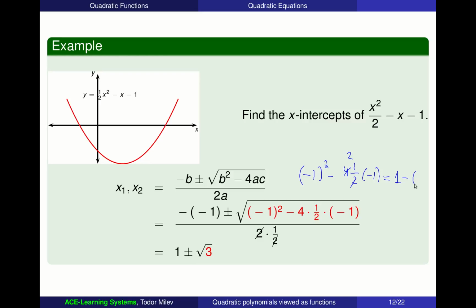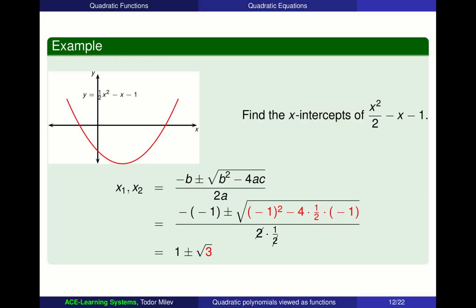So I'm getting -2. Here I'm having 1 minus, here I'm having a second minus. So 1 minus -2 is equal to 3. So that whole nasty expression is equal to 3. I just simplified it here for you.